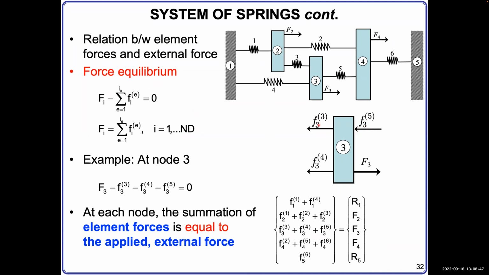We assume all the directions of the internal forces from those springs are towards the left, and the external force F3 is towards the right. This number is given for sure, F3 towards the right, and the internal force is to be determined. We don't know, so we assume that all go in the left hand direction to balance with the external force. Once you do it this way, this equation is consistent because it's minus those forces.